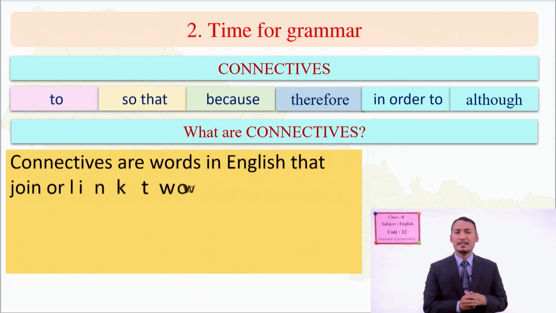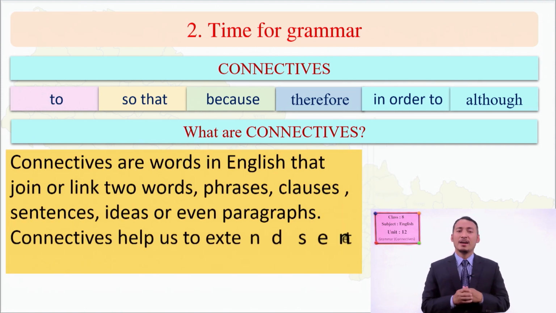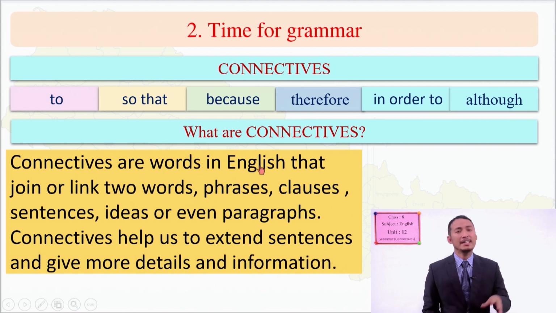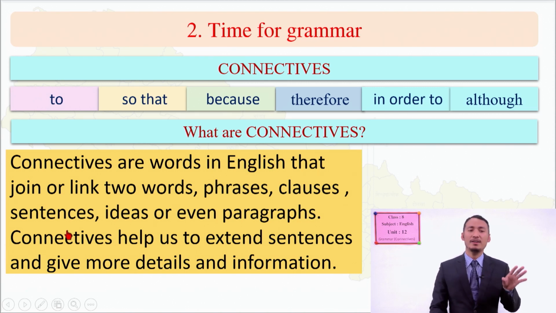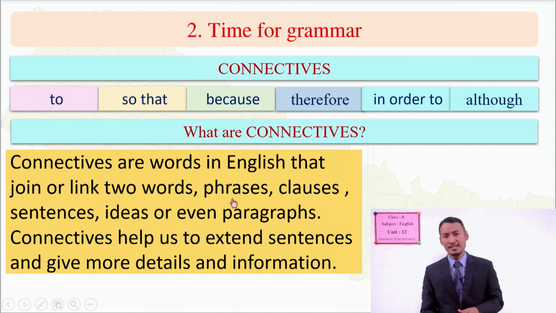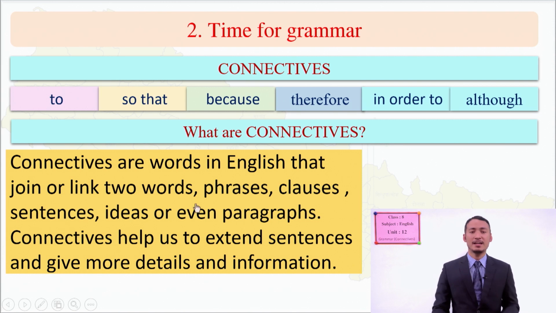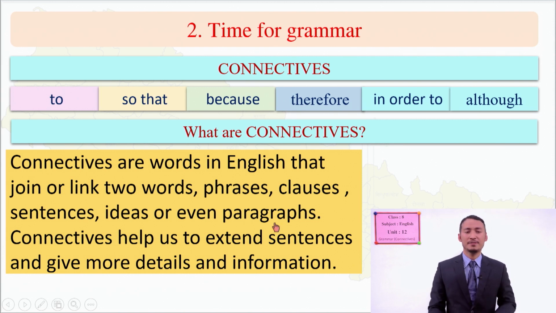Then, let's see the definition. Connectives are words in English. They are nothing but words. They are simple words that join or link two words, phrases, clauses, sentences, ideas, or even paragraphs. Okay?